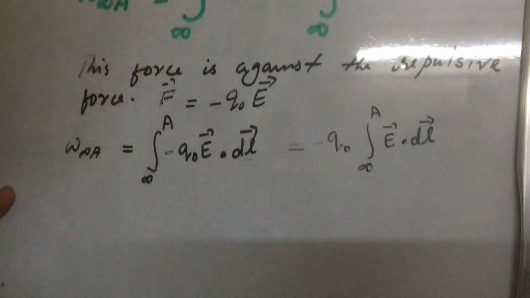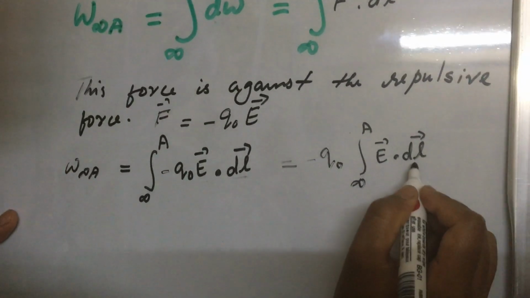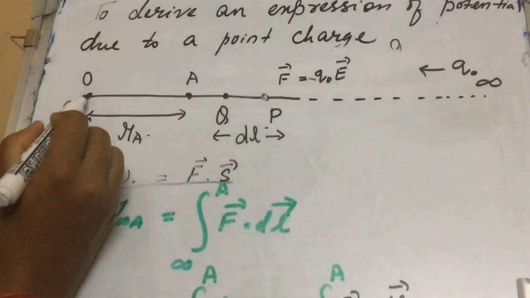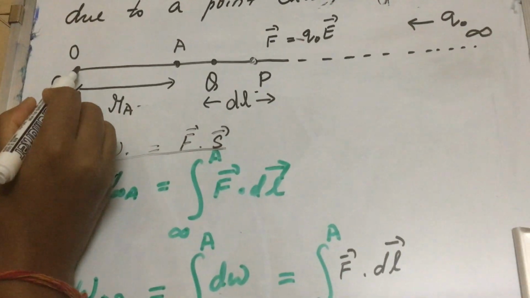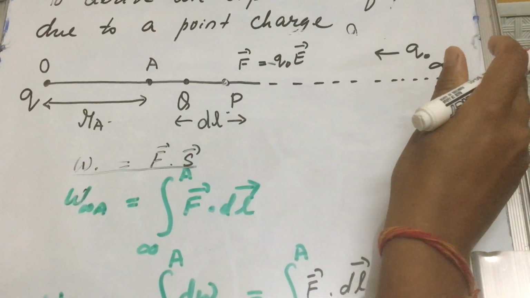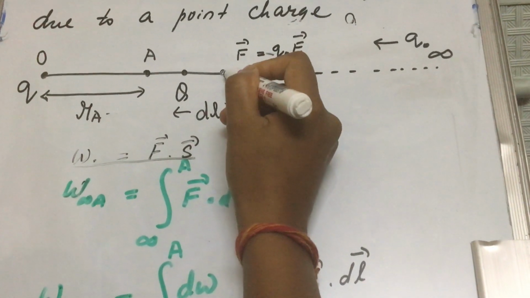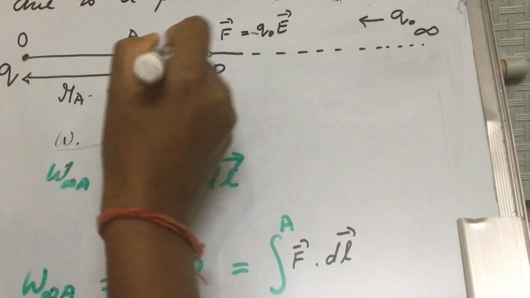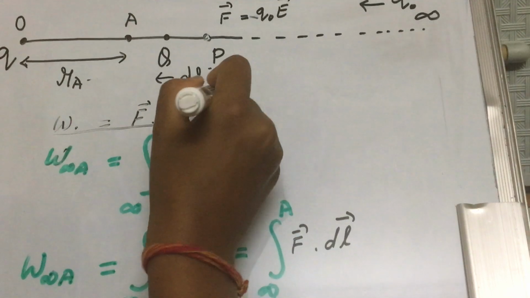Now can anyone say what is the direction of dl? See, as I have said, O is the origin, right? Then all the measurement along this side is taken as positive, right? Now when it is moving from P to Q along here, what is the direction of dl?